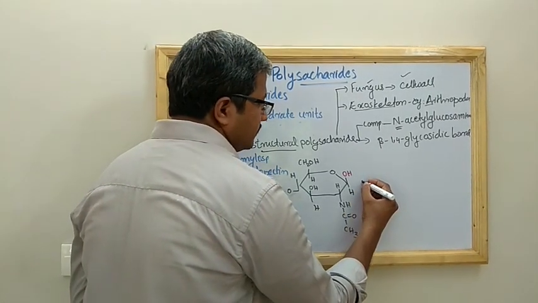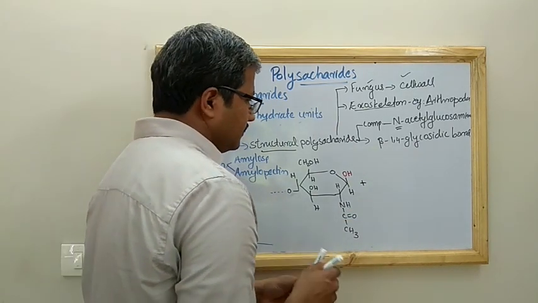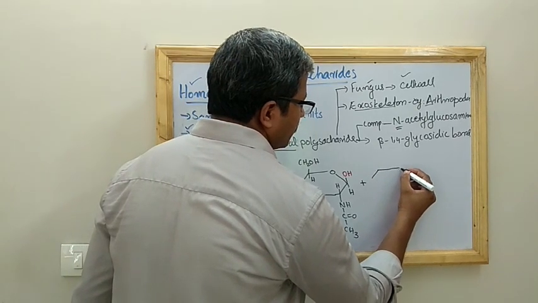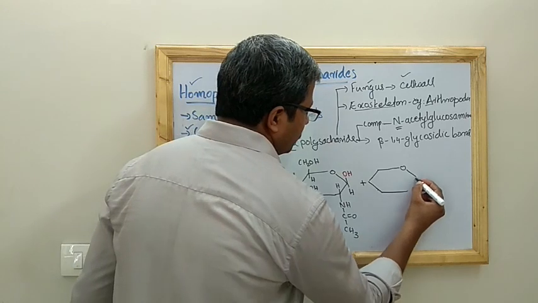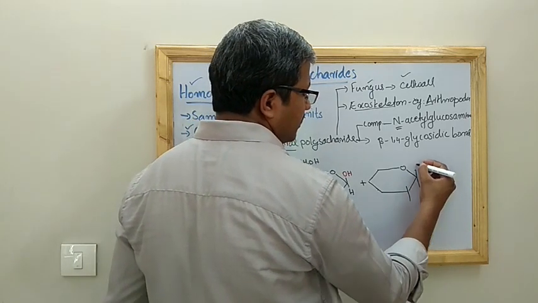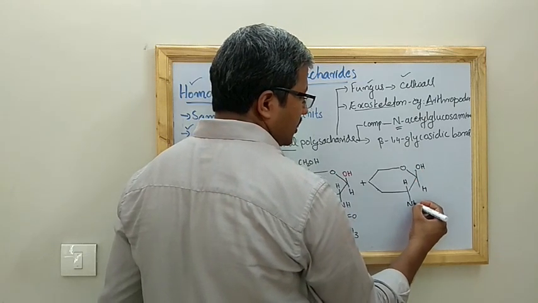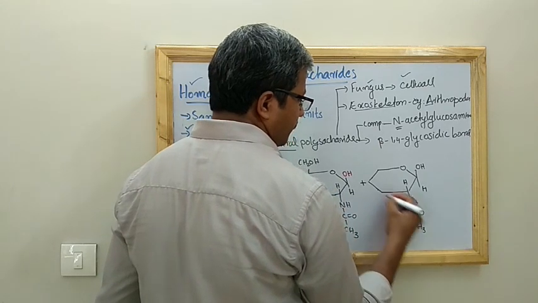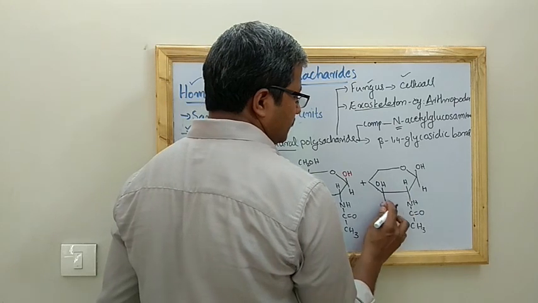Okay, it's linking with another N-acetyl glucosamine. That too in beta configuration, H NH C double bond O CH3 H OH H.